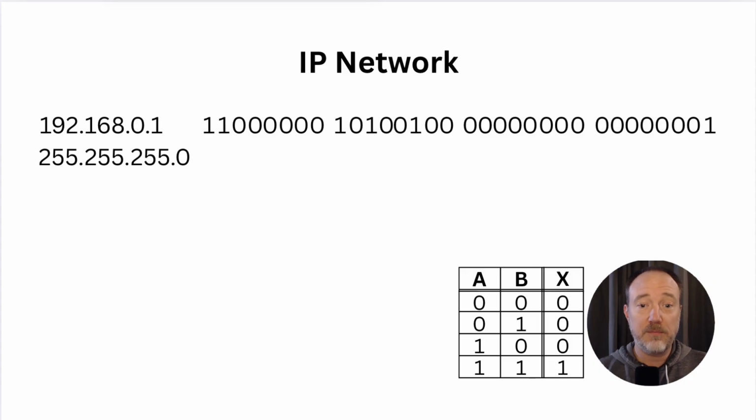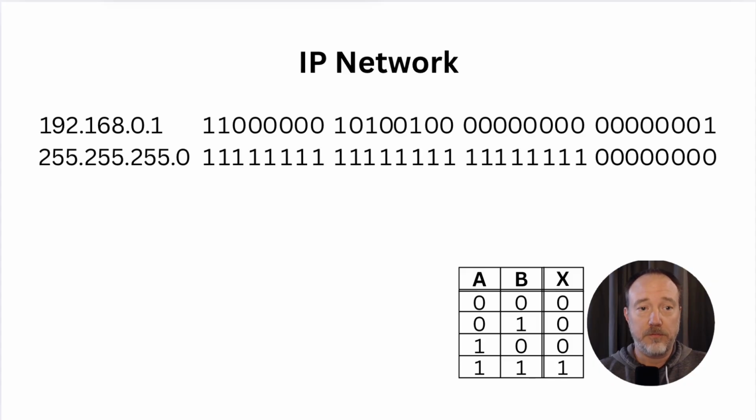Now we need to do the same thing with the subnet mask. This one's a bit easier because we know that 8 bits in binary, if they're all ones, equals 255 in decimal. And if you have a 0 in decimal at that last octet, we're just going to have all zeros in the binary. This conversion is quite a bit easier.